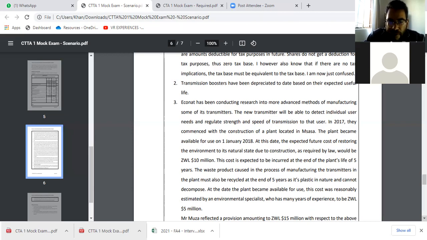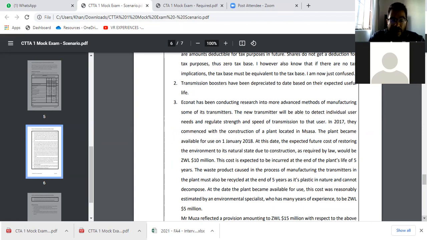At the date the plant became available for use, this cost was reasonably estimated by an environmental specialist who has many years of experience to be 5 million Zimbabwe dollars. So these are 15 million Zimbabwe dollars.